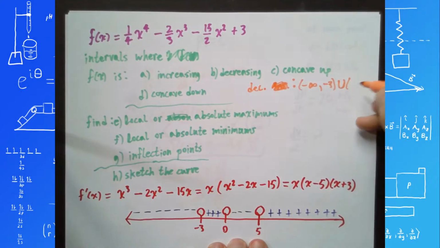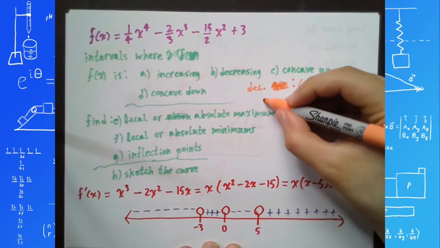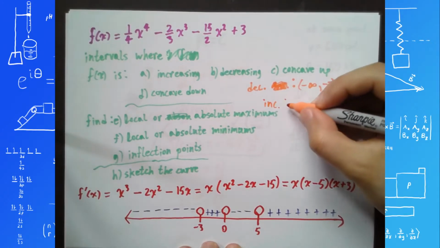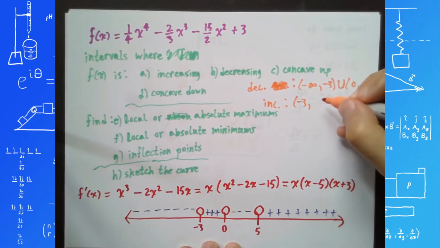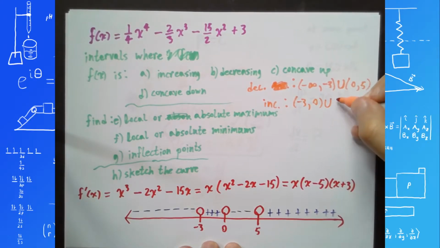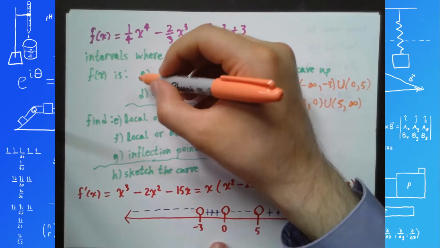Decreasing from -infinity to -3 and from 0 to 5. Okay, and we're increasing from -3 to 0 and from 5 to infinity. Alright, there we go. That takes care of parts A and B.